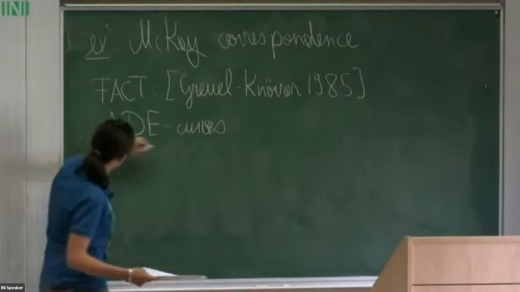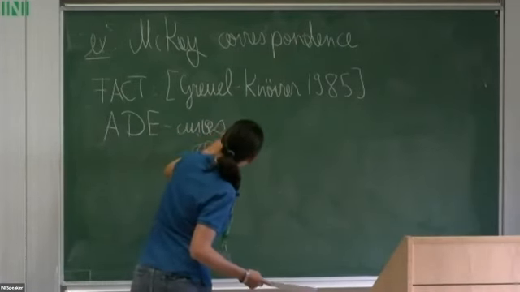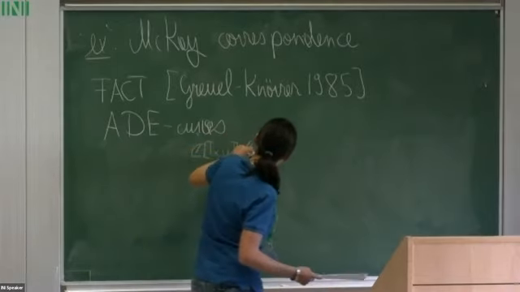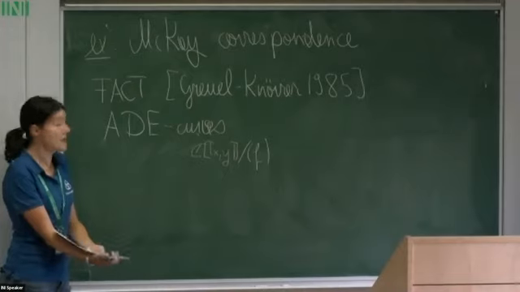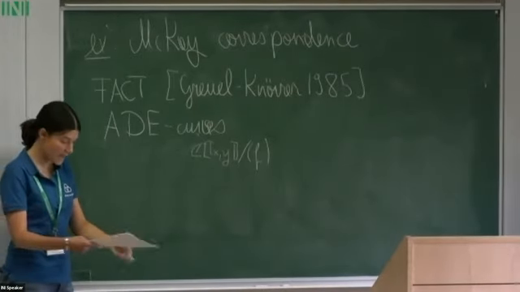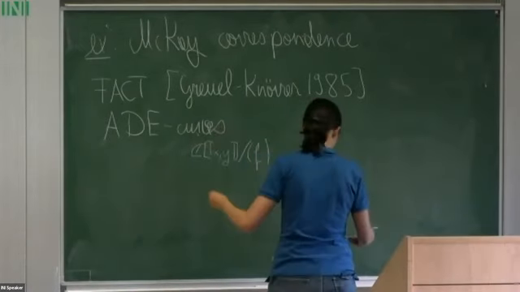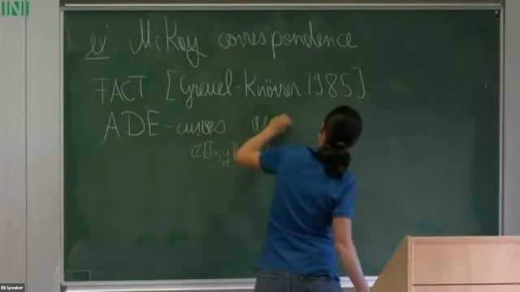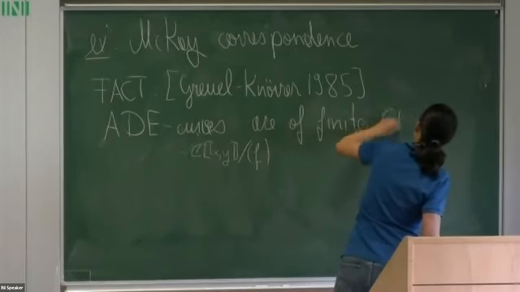So these are the curves that are of the form C[[x,y]] modulo F, where F is one of these: A_n, D_n, E6, E7, or E8. And so they proved that ADE curves are of finite Cohen-Macaulay type.